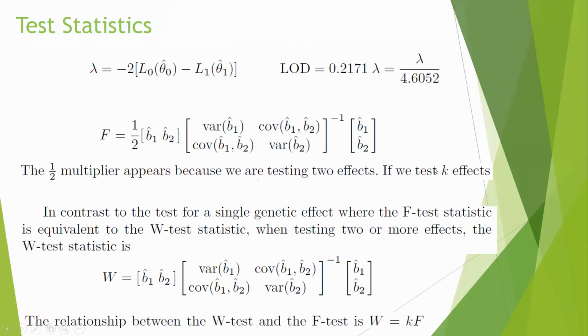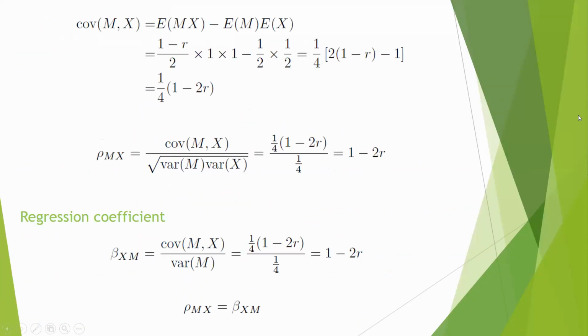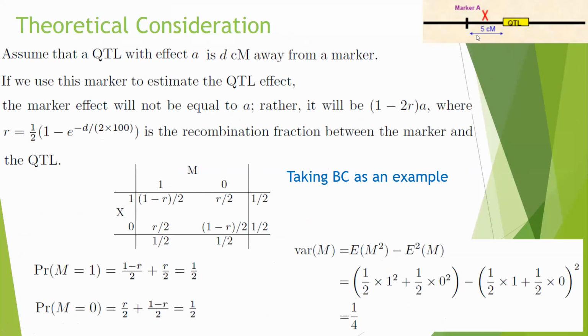All right, let's go back to these slides. Okay, so this is what you can estimate from the marker. Suppose the marker is very close, let's say the marker is standing just within or very close to this gene.